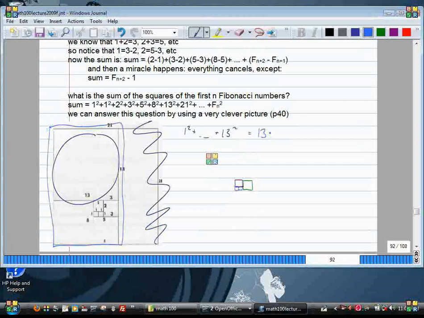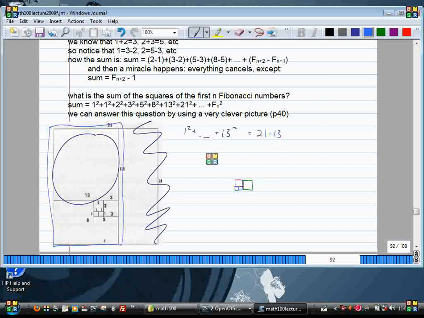How tall is the rectangle? It's not 13, check it. The square is 13. So how much is the whole? Yeah, exactly. It's 21. And how wide is the rectangle? The width is just the square, so it's 13. So there you go.